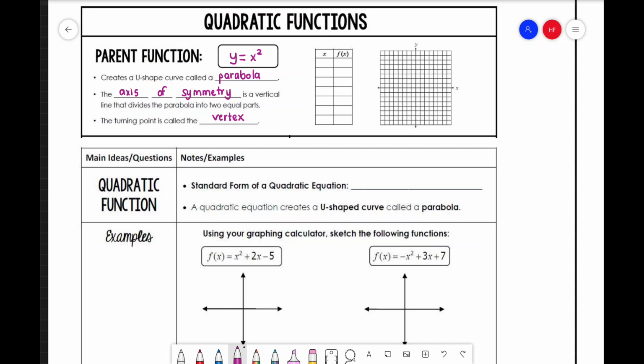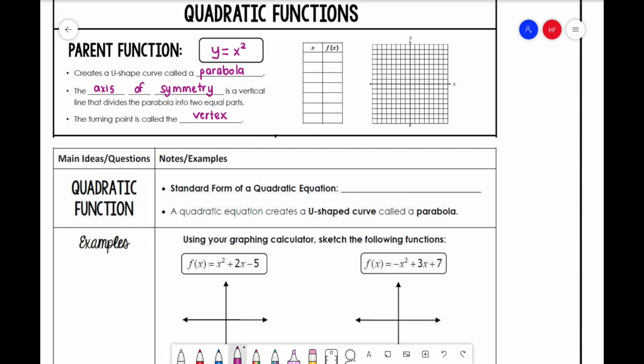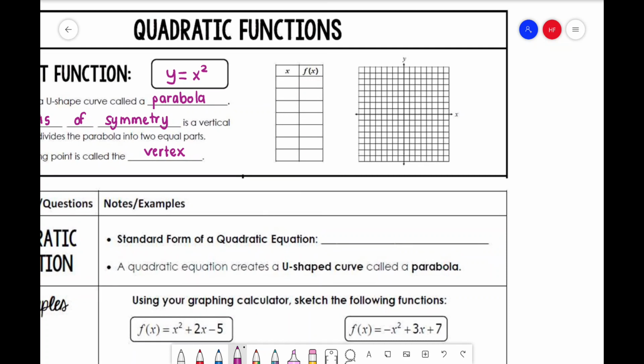So if we're graphing that parent function, let's zoom in a little bit, we would have a point right at 0, 0. Let's put 0 here, because 0 squared is still 0. So then 1 squared is 1. 2 squared is not 2 anymore.